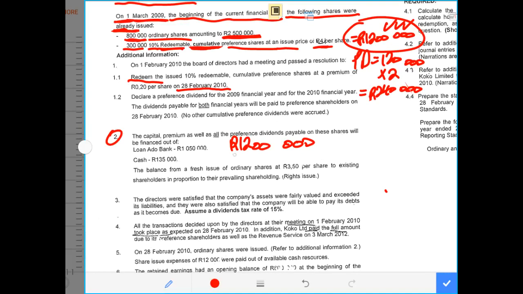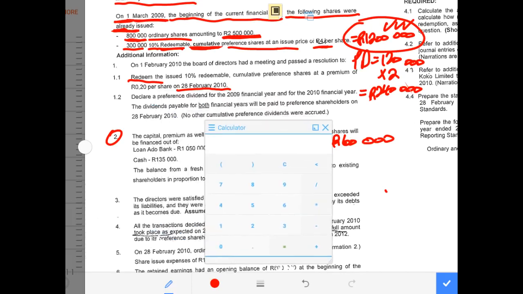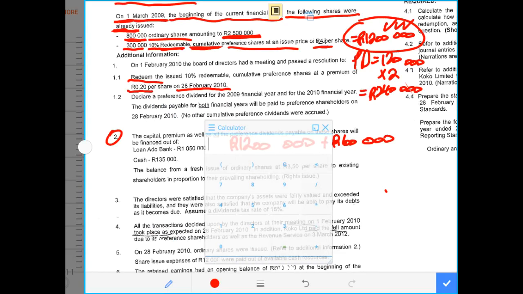Then after we add the premium, and we know that our premium is 60,000. We calculated the premium, and we said that if the premium would have been 5%, 0.05, it will be multiplied from the capital that is being redeemed, which is 1,200,000 rands. That means it will still be 60,000. However, our premium is given as 20 cents, which is in rands.